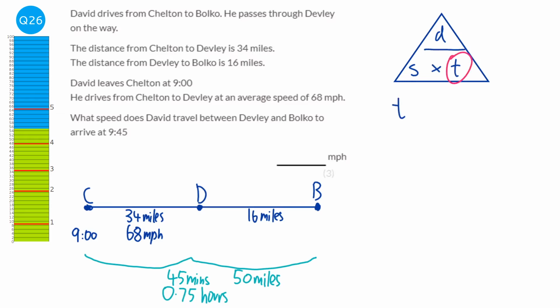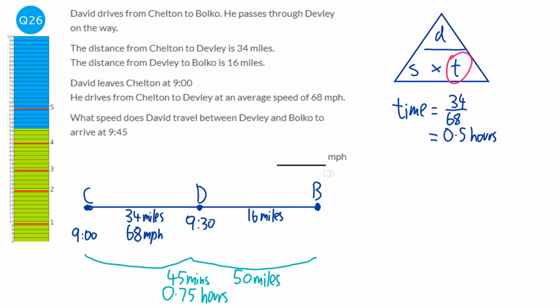So time equals distance, which is 34, over speed, which is 68. 34 divided by 68 is 0.5, so it would be 0.5 hours, half an hour. So we will be at Devley at 9:30.